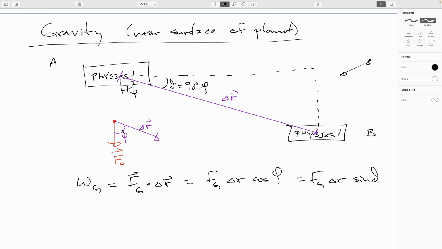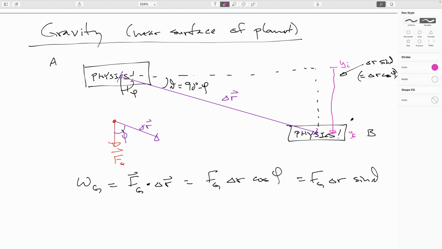Delta R sine theta, or if I prefer, delta R cosine phi. And that's just this vertical distance right here. Looking ahead, I'm going to observe that the y-coordinate changed from some value y initial to some value y final.